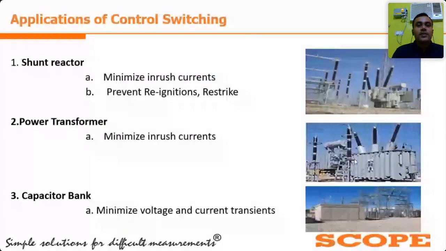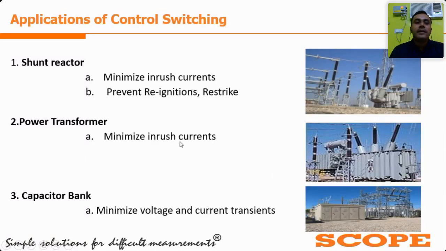Next, we will see in which equipments, or what the applications of control switching are. Generally in India nowadays we have implemented our CSD relay in 4 different equipments. First one is shunt reactor or bus reactor.